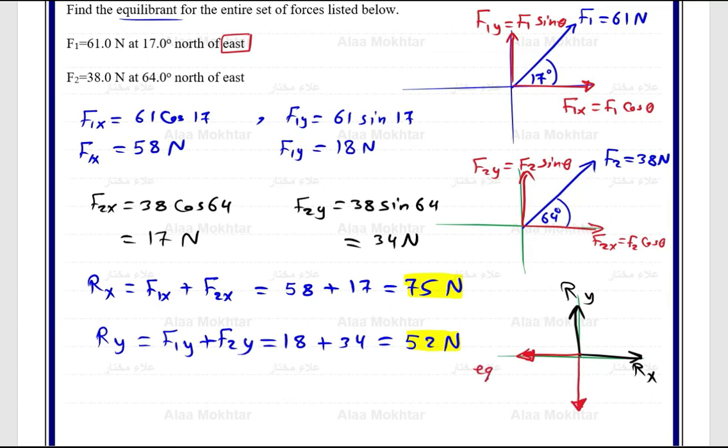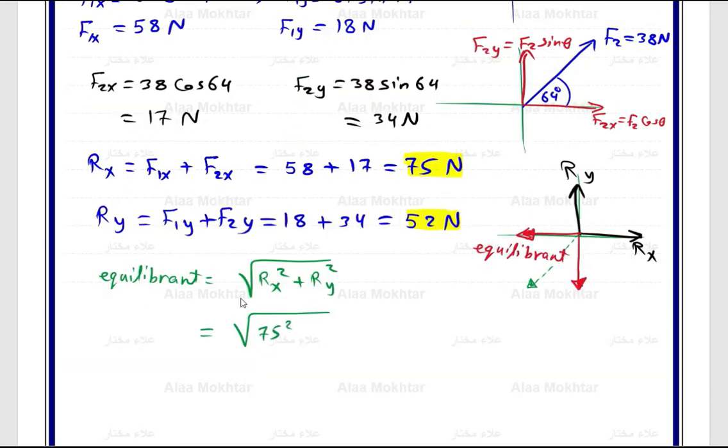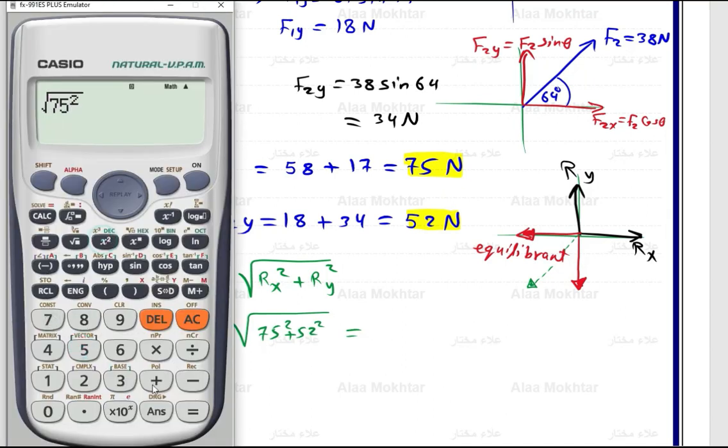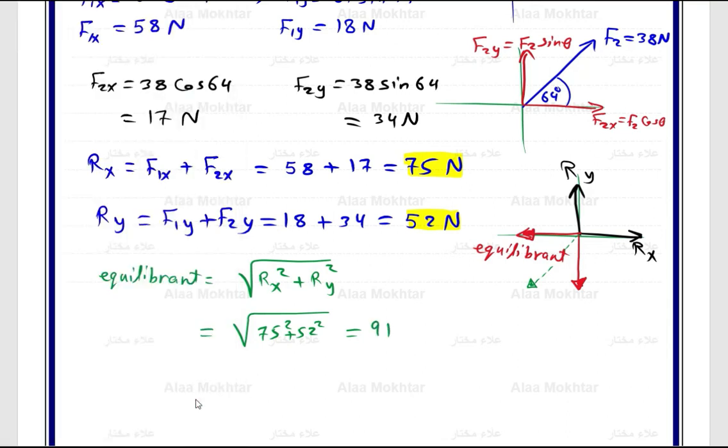So the equilibrant will be in which quadrant? In quadrant 3. The equilibrant equals the square root of Rx squared plus Ry squared, but in the opposite direction of the resultant. So the answer is 75 squared plus 52 squared under the root, which is 91 Newtons.